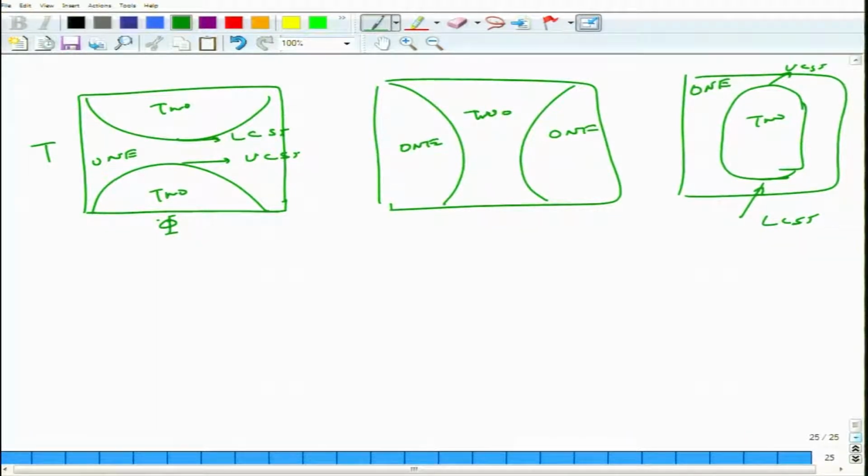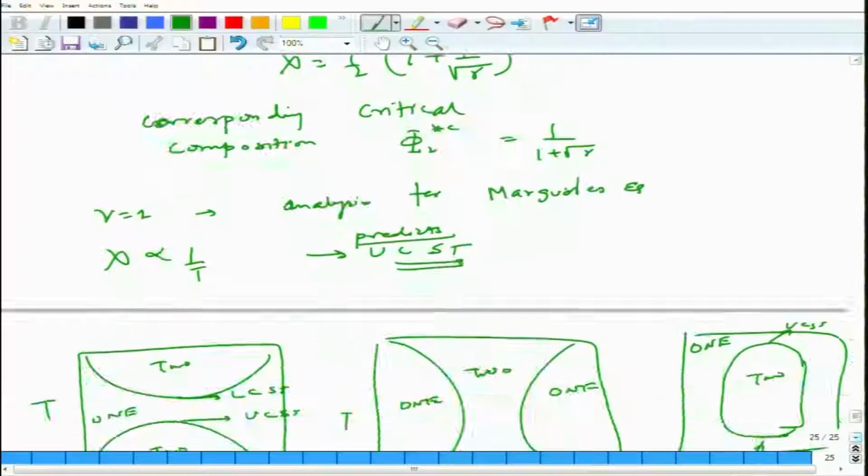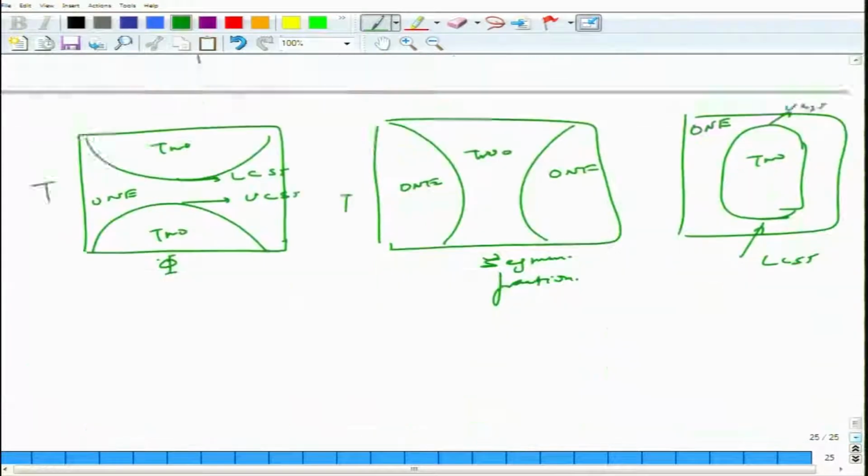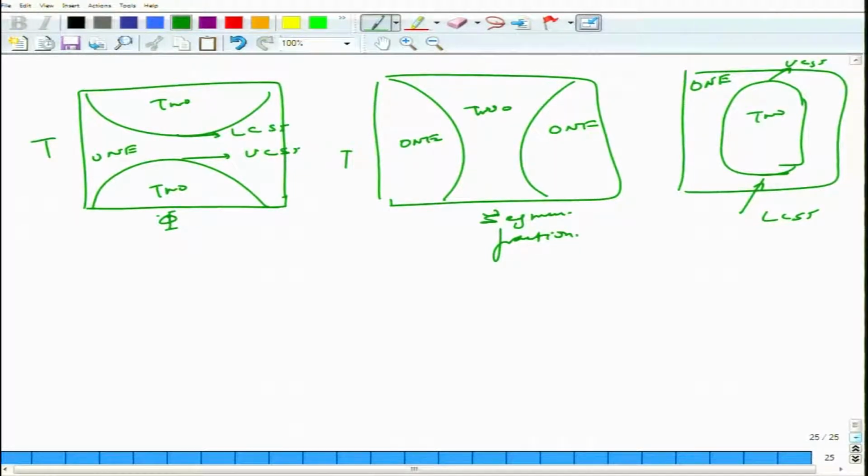Again this is T versus segment fraction. Now, these are the cases for binary polymer solutions, and this tells you that for such a scenario the Flory-Huggins theory does not work very well, because it is associated with only the upper critical solution temperature.